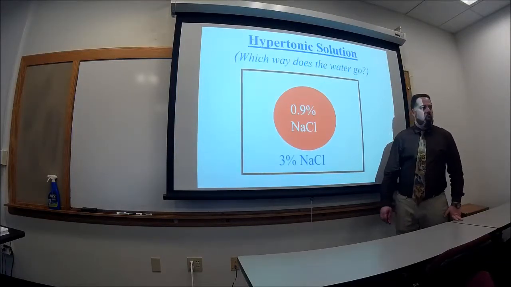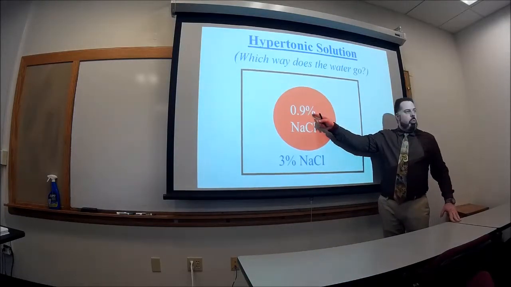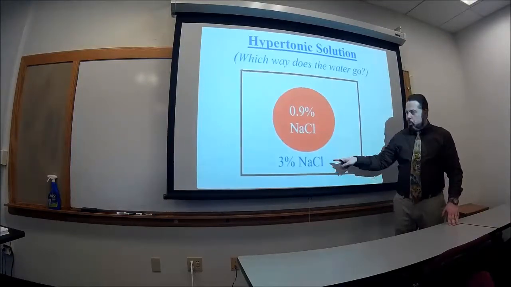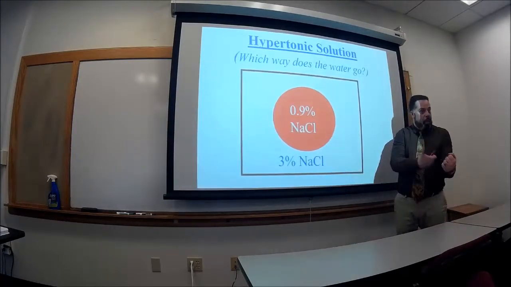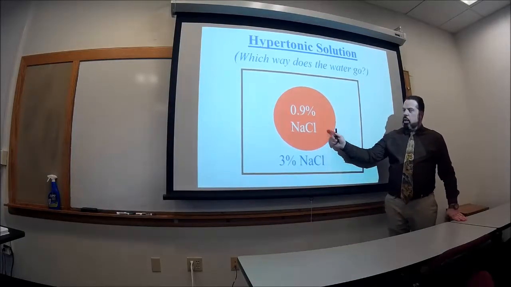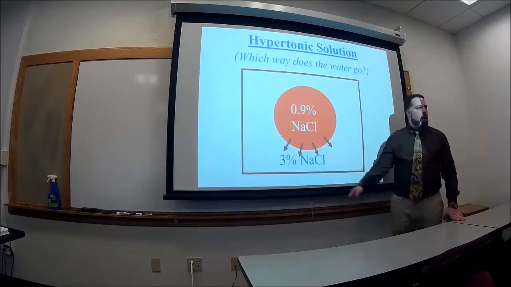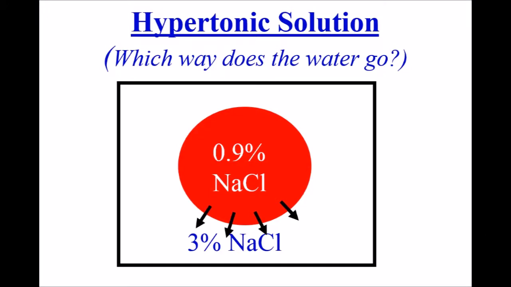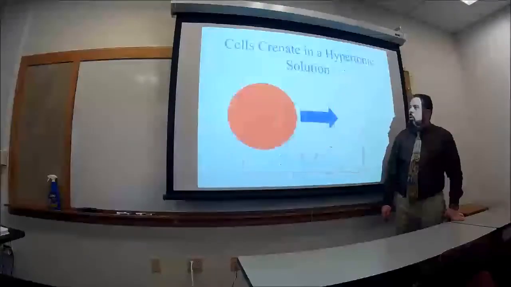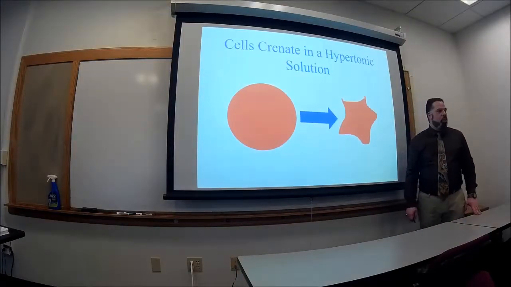So in a case like this, if you put IV fluids and you put not 0.9% in the bloodstream, but you put 3% sodium chloride in there, a higher concentration, does the water want to leave the cell or enter the cell? Leave the cell, because it's going to go where there's a higher concentration. If that happens, what happens to the cell? It shrinks. We call that crenation, that the cell crenated.